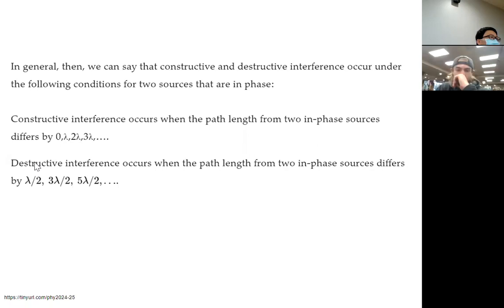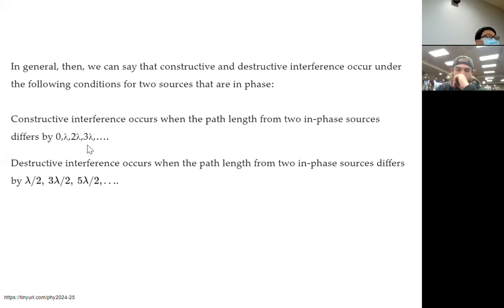If the two waves meet and their path difference is half a lambda, then they will cancel out, because that is destructive interference. So for example, if you have sound waves from two sources, and they arrive at the position where you are hearing the sound, if their path difference is an integer number of lambdas, then you will hear maximum intensity of sound.